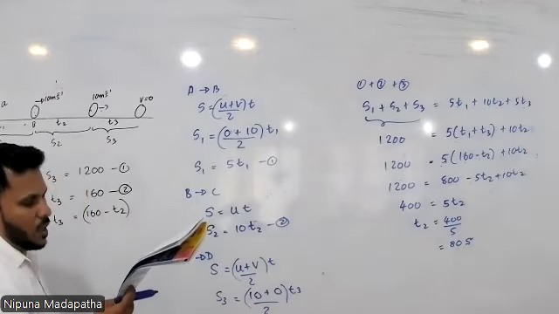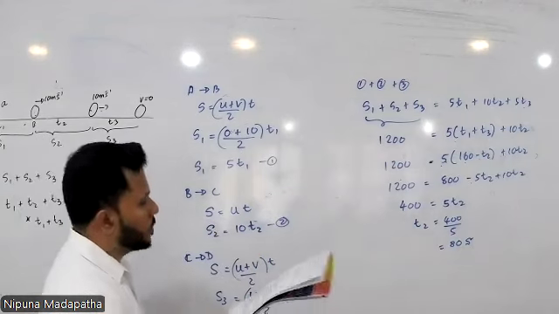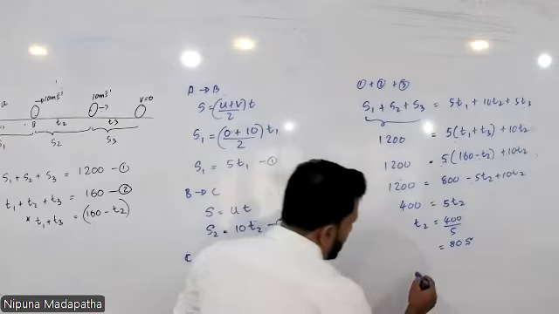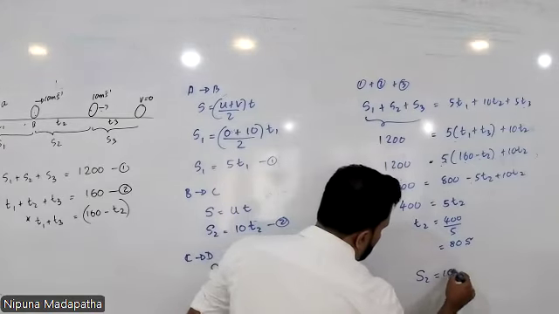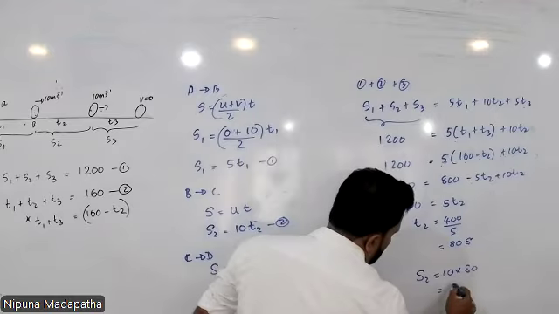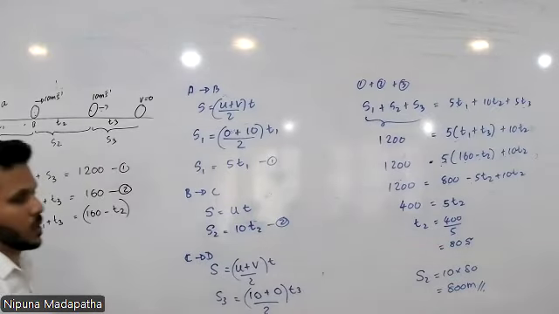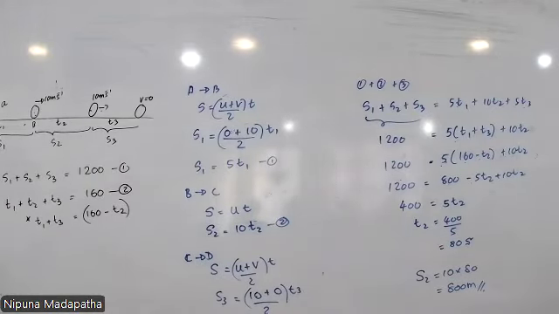But the question asks to find the distance traveled with uniform velocity, which is S2. S2 is 10 T2. T2 is 80, so the answer is 800. So that's how you need to do it. The other answer is by graph, but here you only need to use kinematic equations.